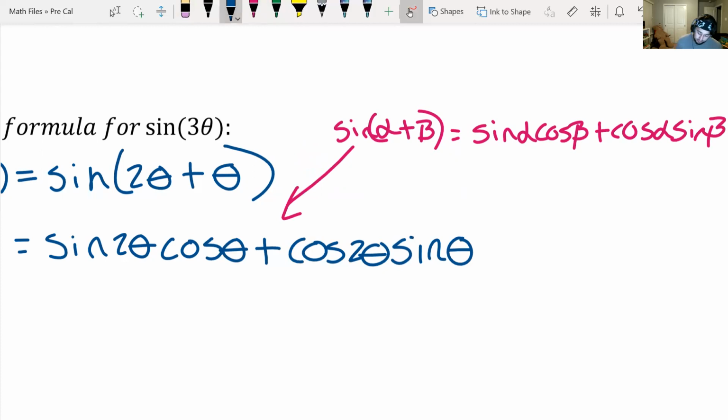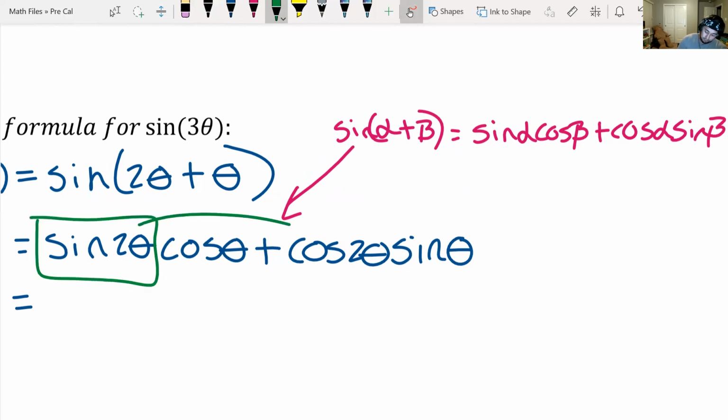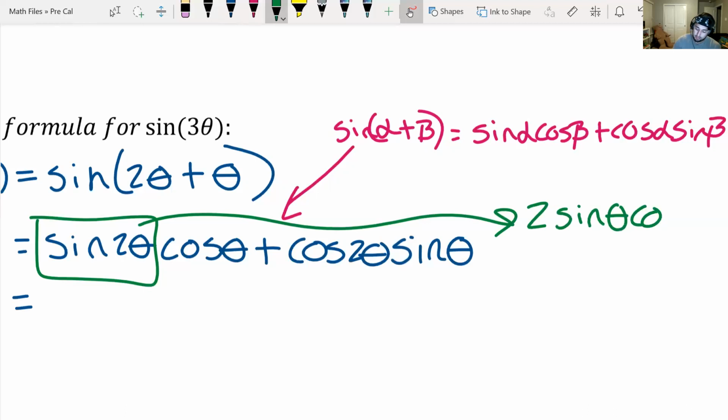So still going. Sine 2 theta. Well, we created a formula for that earlier. Sine 2 theta is 2 sine theta cosine theta.